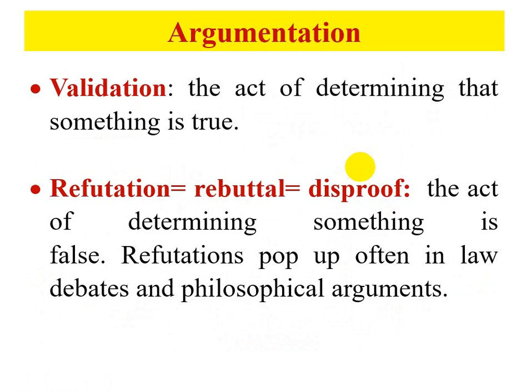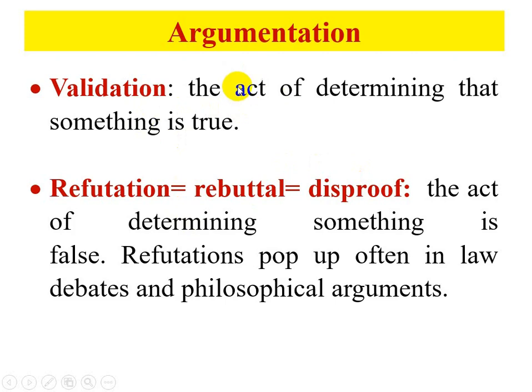In case of arguing with others, we may validate an opinion or an idea, or we may refute it, making a rebuttal or disproof of this idea. So we have both sides, and these sides are extremes. The first one is called validation.